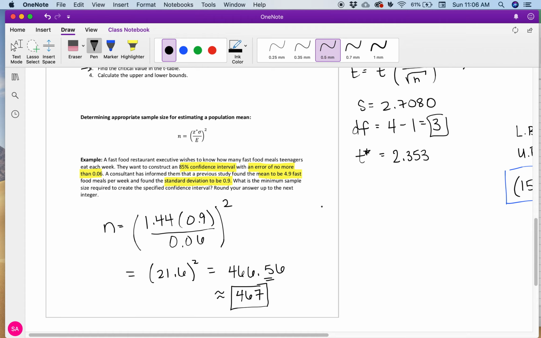So we just worked backwards and figured out how big of a sample size we need to construct an 85% confidence interval with an error no bigger than 0.06.